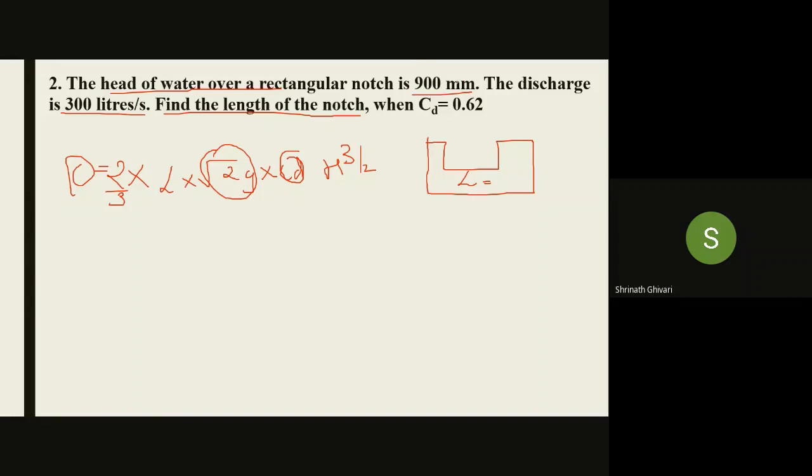H is given 900 mm, convert it into meter and substitute. Q is given 300 liters per second, convert it into meter cube per second. Substitute. Then find the value of length L in terms of meter. Then you convert that in terms of mm. It's a very easy problem. Solve it as soon as possible.